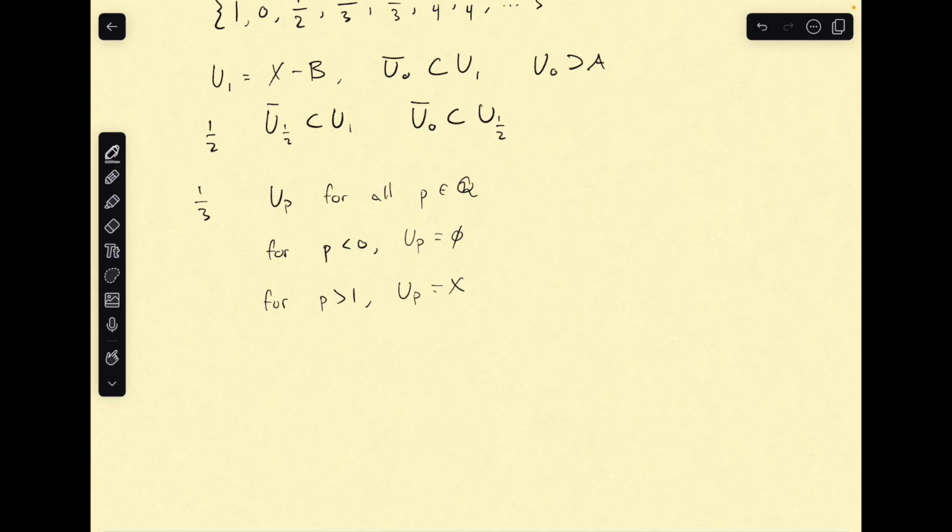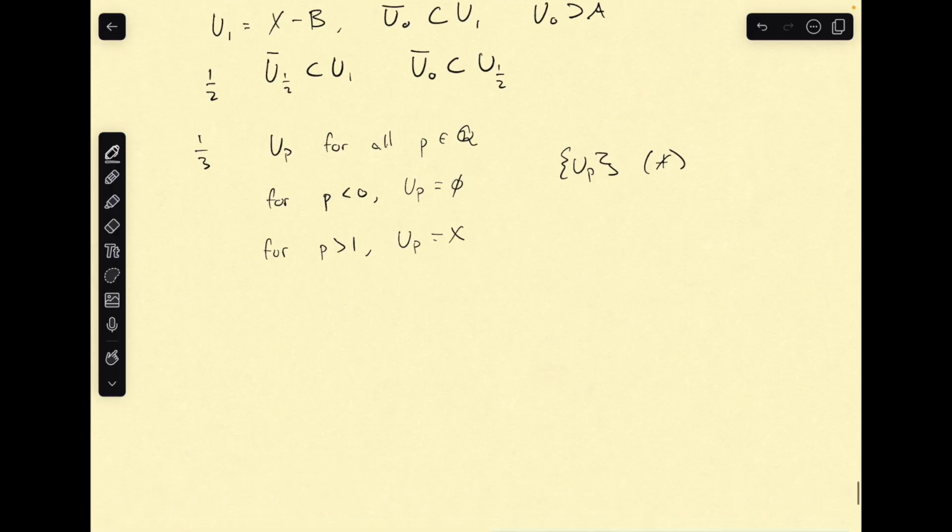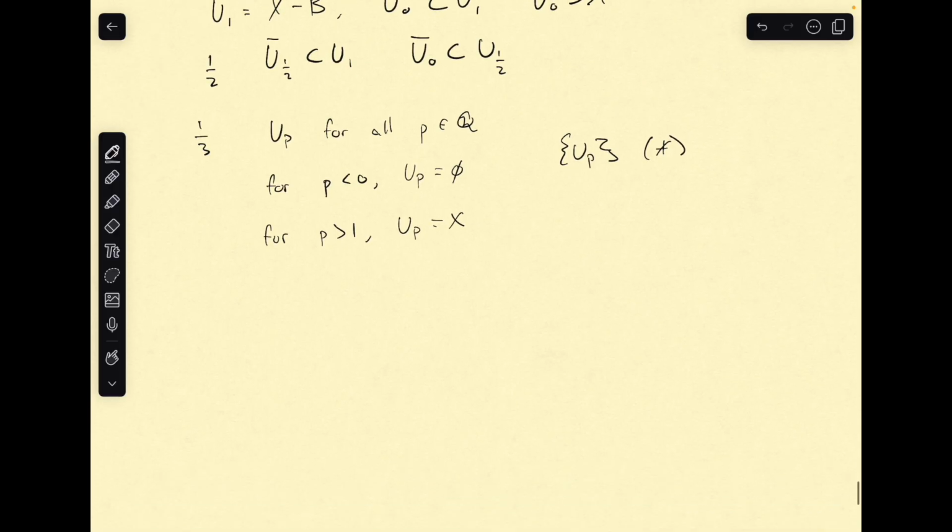And we can verify now that the set of all of these U of p has this star property. So now we have an open set for every single rational, and if you take any pair of those rationals, we have that property that we want.